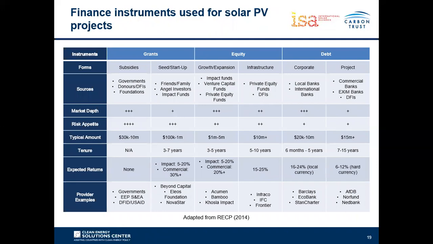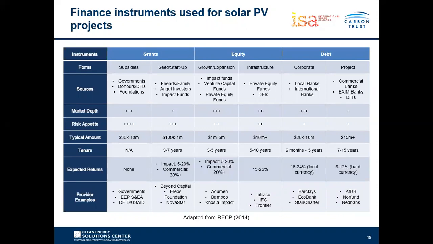So when looking at the instruments used to finance these projects, there are broadly three different instruments: grants, equity, and debt. We can see here that the grant funding is typically high risk, so they can take on a lot of risk, and they are sourced from governments, angel investors, impact funds, and non-profit foundations, which is why they have a higher risk appetite.